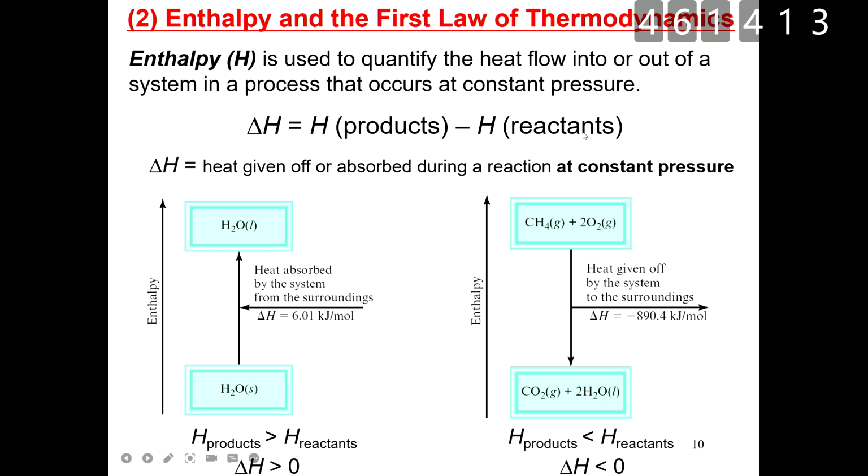We introduced this before, right? For each substance, we can find its enthalpy. If you have the book, you can find it in the book. All the substances have enthalpy.